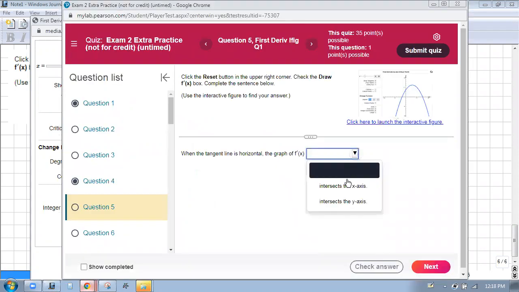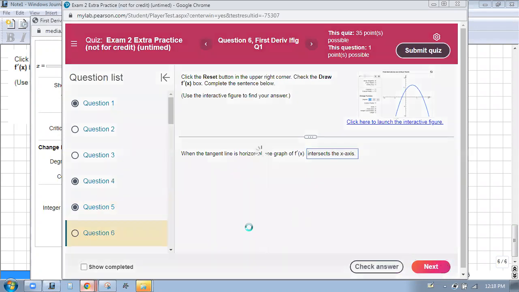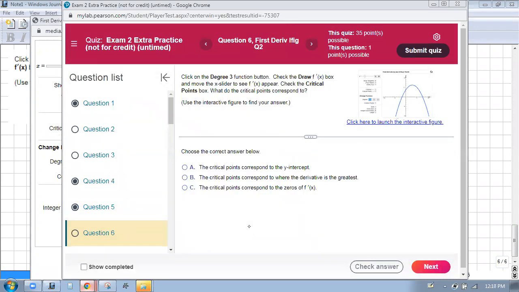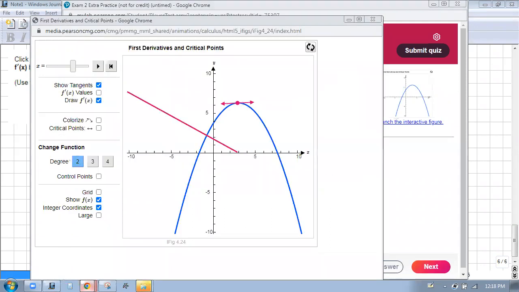Oh, I guess it doesn't tell you. But we could see from the picture here, when the slope is 0, that's when f prime is 0. That's where the y value is 0, so that's where you're crossing the x-axis.